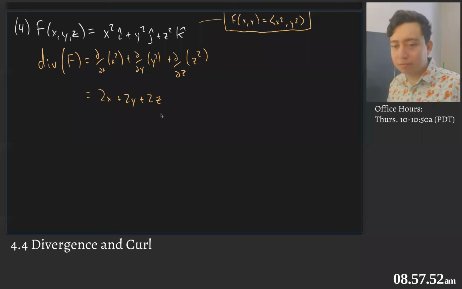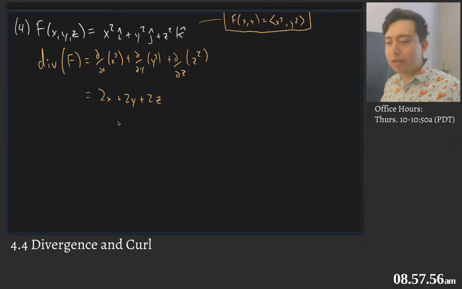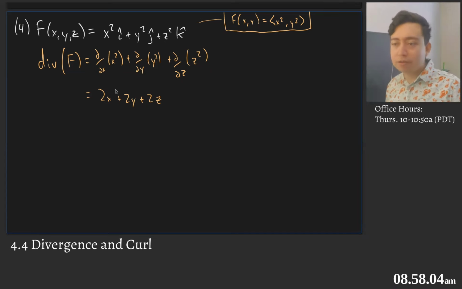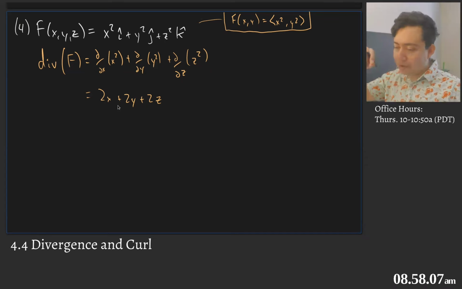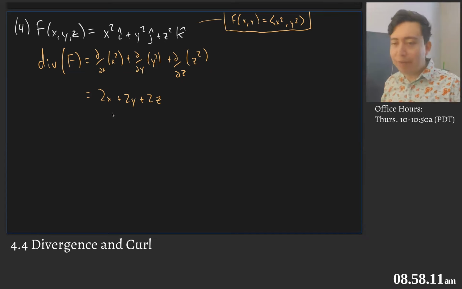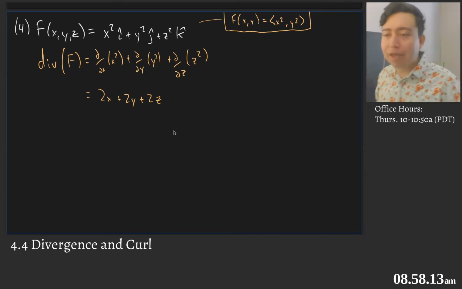Okay. So now we can't really say whether this is always positive or always negative, right? In fact, sometimes this is going to be 0 if I choose the right number. So for example, at the origin, this is 0. So at the origin, if I put that point down, it's not going to go anywhere. And now it kind of depends on what I plug in for x, y, and z.